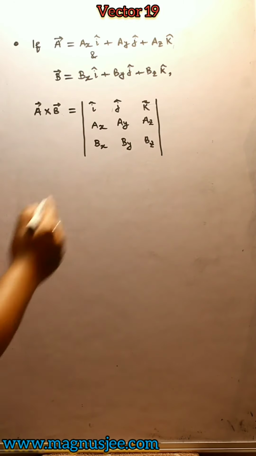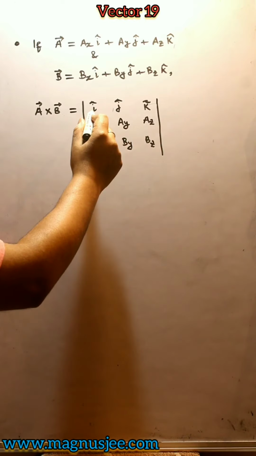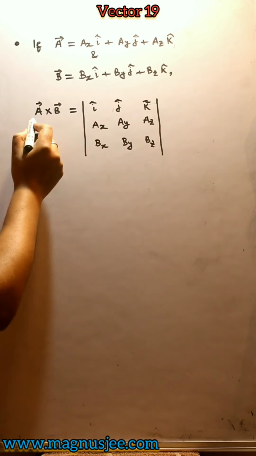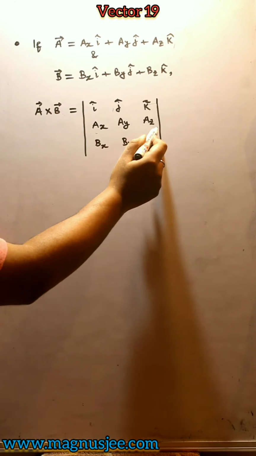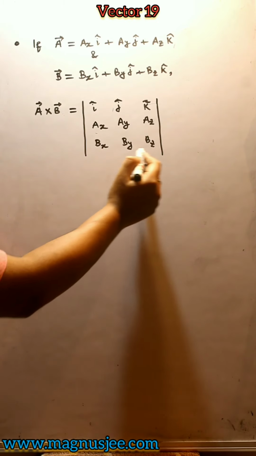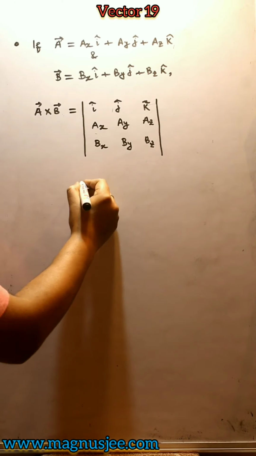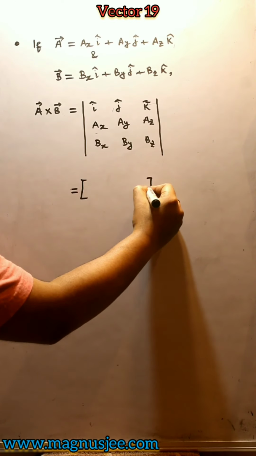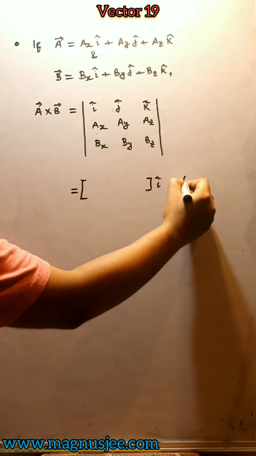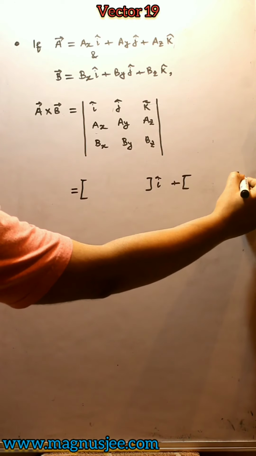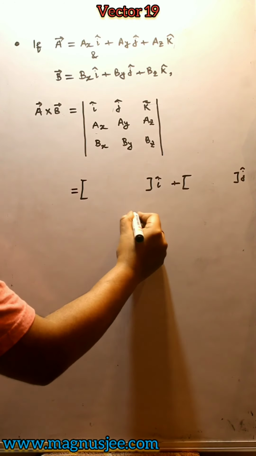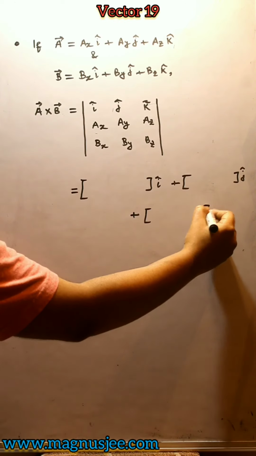Then put the rectangular components of vector B, bx, by and bz. Now write 3 brackets, the first with i cap, the second with j cap and the third with k cap.